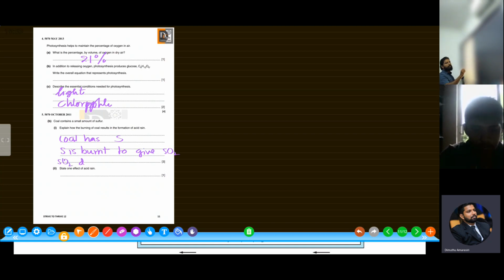Sulfur dioxide dissolves in rain to form what? Acids. State one effect of acid rain. There are many. Limestone structures dissolve. Soil gets acidified.